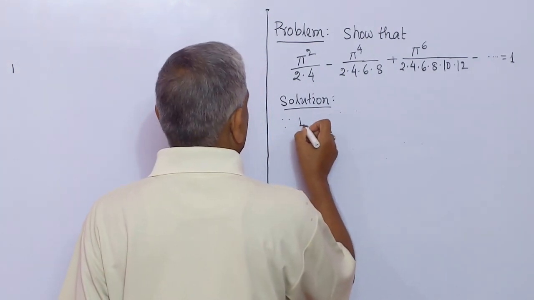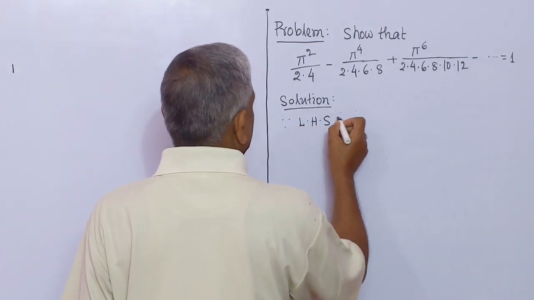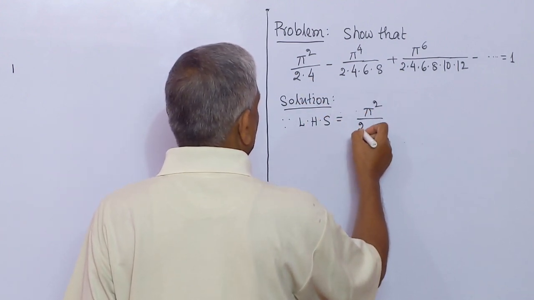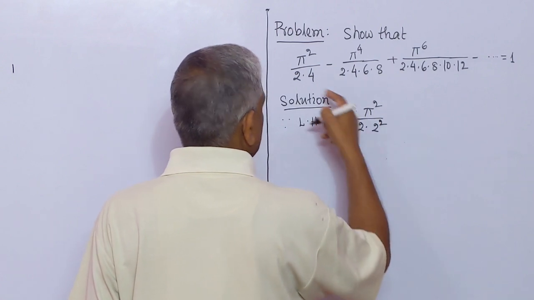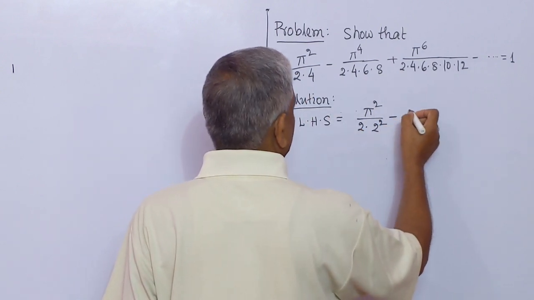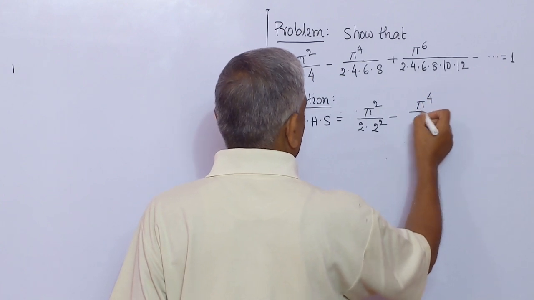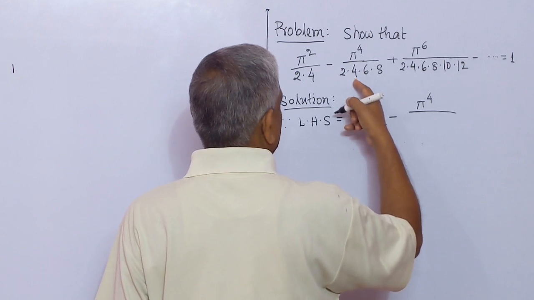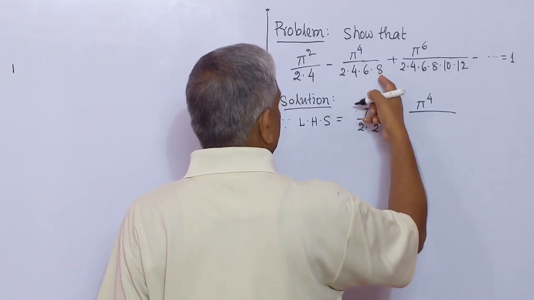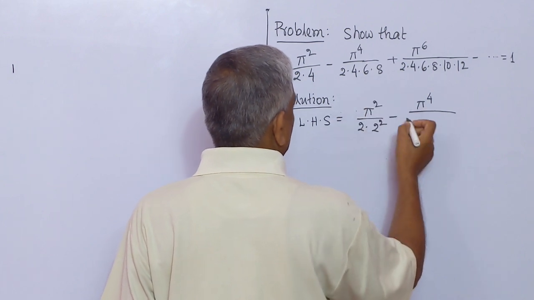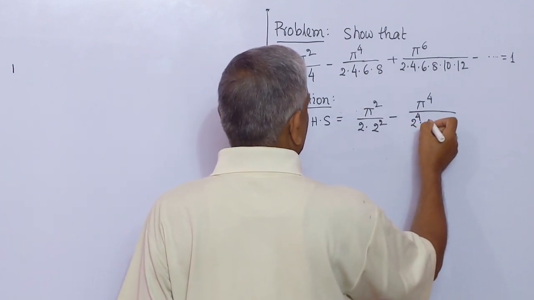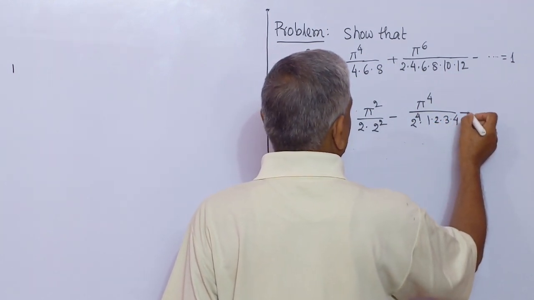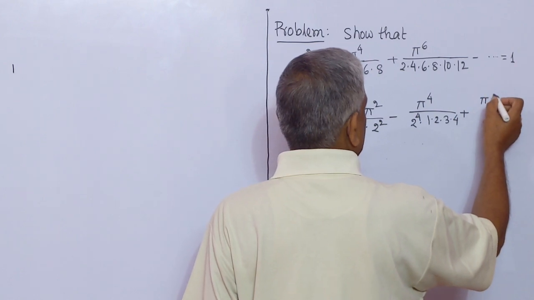The left hand side of the problem is pi square by 2 multiply 2 square, where 4 means 2 square, minus pi to the power 4 by, we take 2 from each. Here 4 means 2 multiply 2, 6 means 2 multiply 3, 8 means 2 multiply 4. So we get 2 to the power 4 multiply 1 into 2 into 3 into 4, plus pi to the power 6.